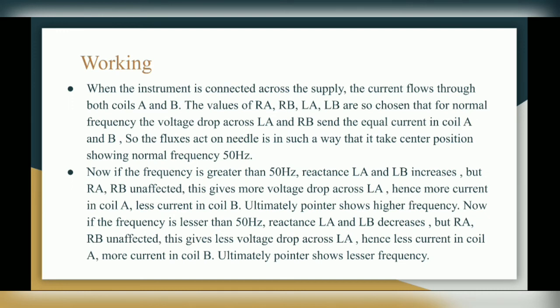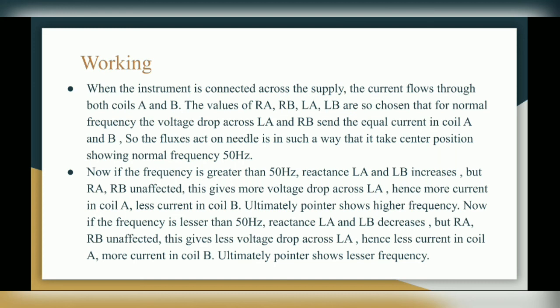Working. When the instrument is connected across the supply, the current flows through both coils A and B. The values of RA, RB, LA, LB are so chosen that for normal frequency, the voltage drop across LA and RB sends equal current in coils A and B, so the fluxes act on the needle in such a way that it takes the center position showing normal frequency 50 Hz.